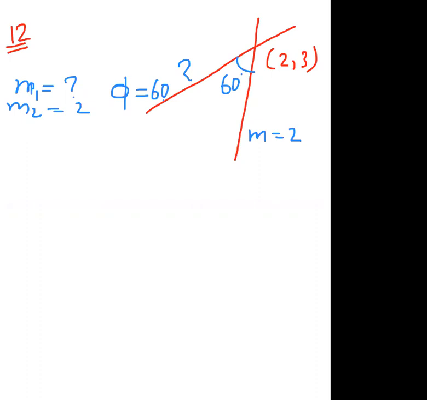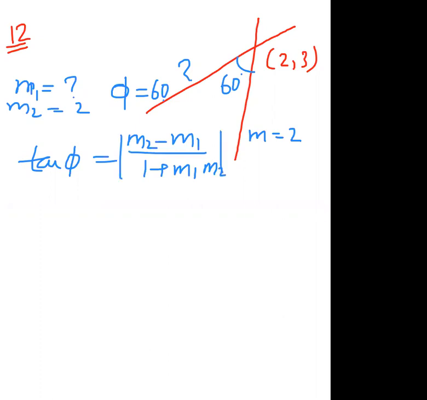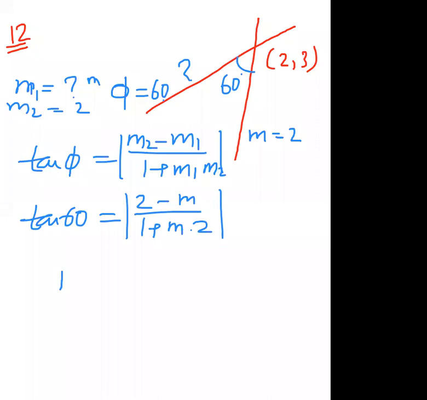So we have got one formula, tan phi is equals to m2 minus m1 upon 1 plus m1 m2 mod. It is tan 60 is equals to m2, that is 2, minus m1, which is m, I'm saying it, upon 1 plus m into 2, mod. Tan 60 is root 3.